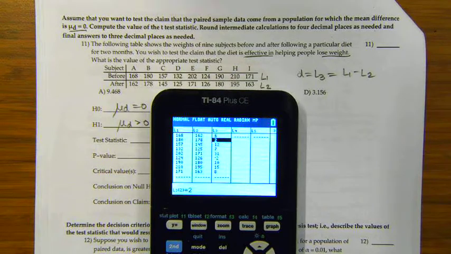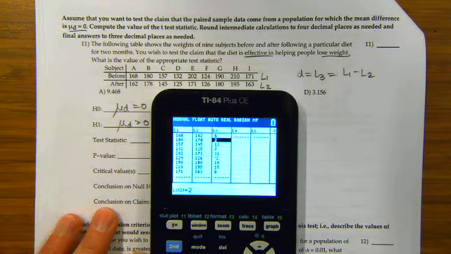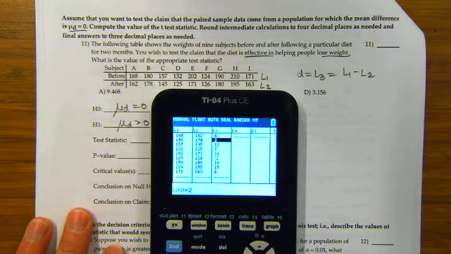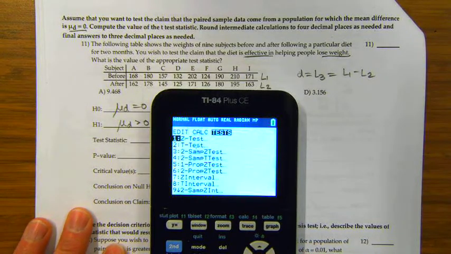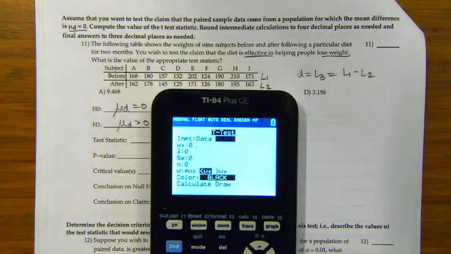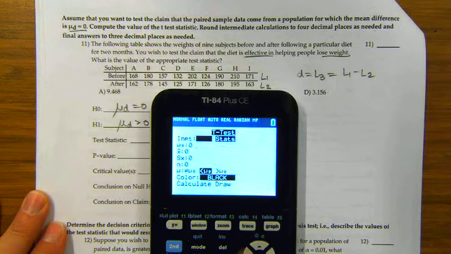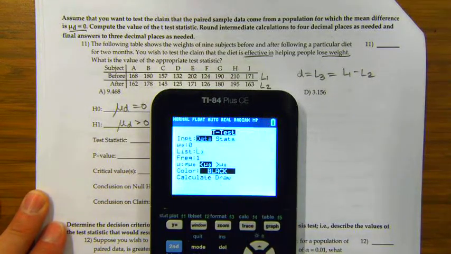Because it's dependent data, we're doing a t-test based on the differences. So go to stat, test, t-test, because we're looking at the mean of dependent data. This time we have our data in a list, so we want to choose data.